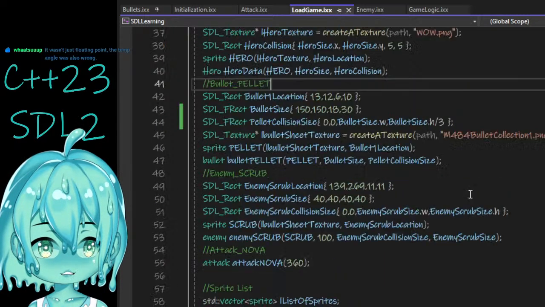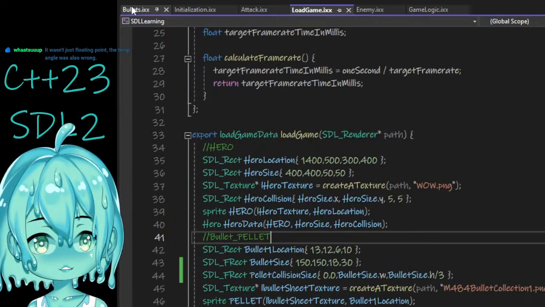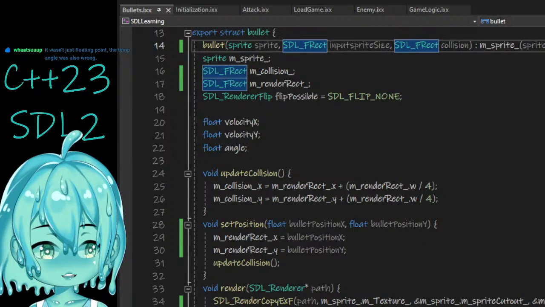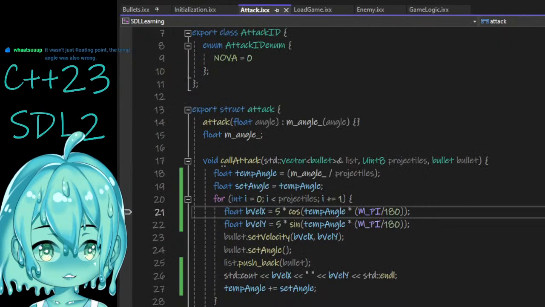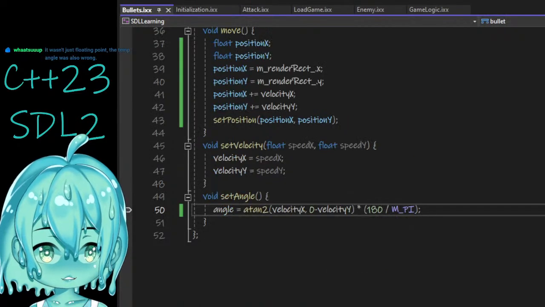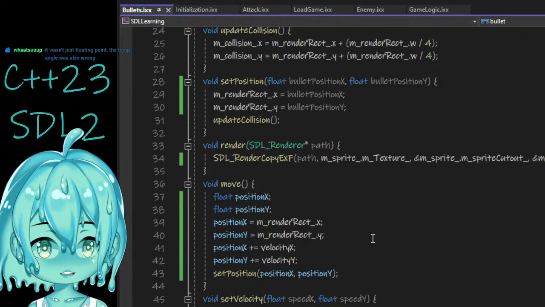So that's done. So now they're all floating points, and this floating points doesn't work. Why? Initializing conversion from double to float, possible loss of data. Uh-oh.